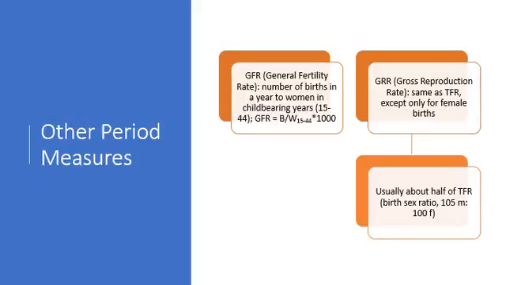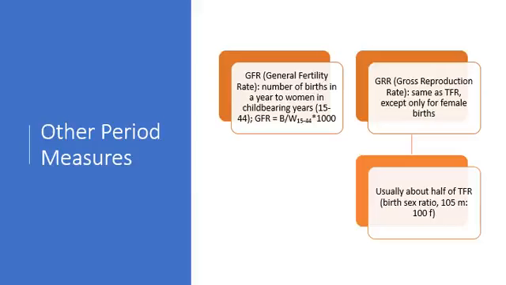Two other period measures that are maybe less familiar to the viewer are the general fertility rate, which limits the age range from the total fertility rate to only those women in childbearing years. So the number of births relative to the population of women between the ages of 15 and 44.